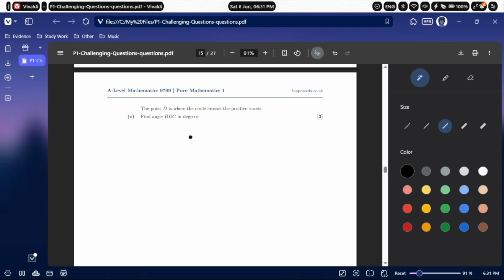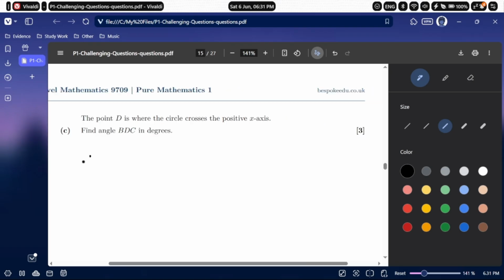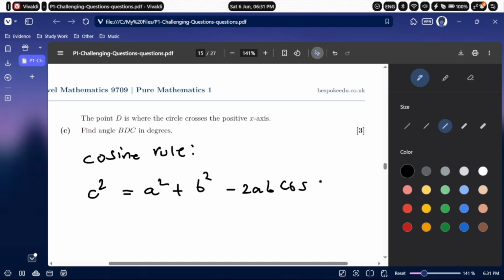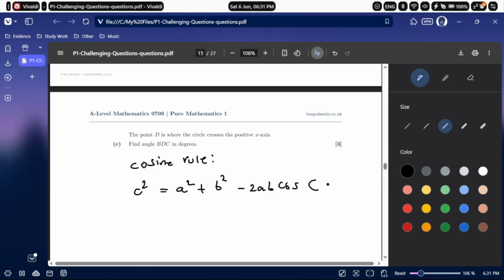Just to revise, cosine rule is basically c square is a square plus b square minus 2ab cosine capital C. If you have one of the angles and all the three sides, you can make use of cosine rule.